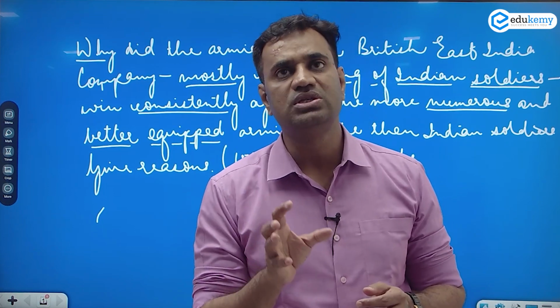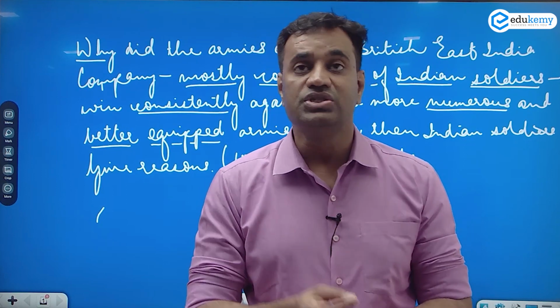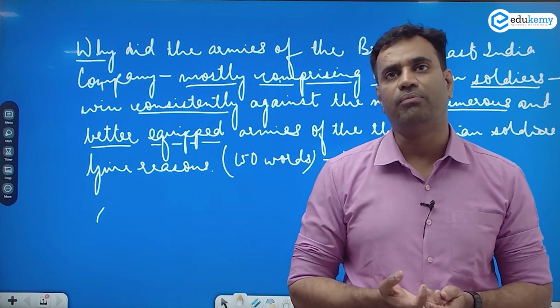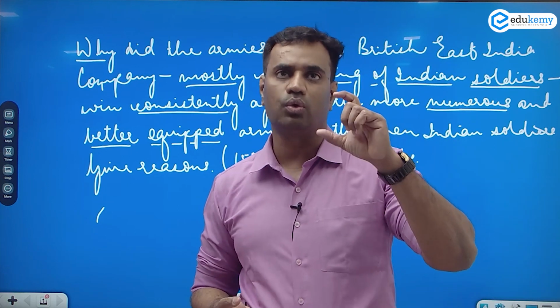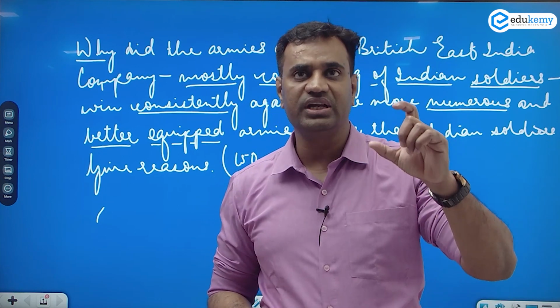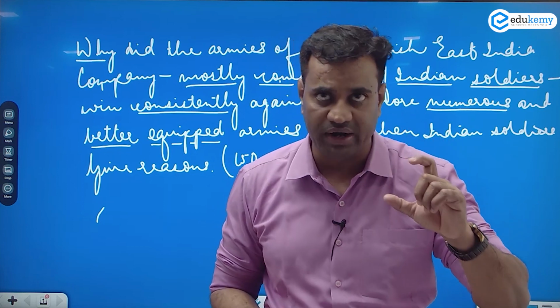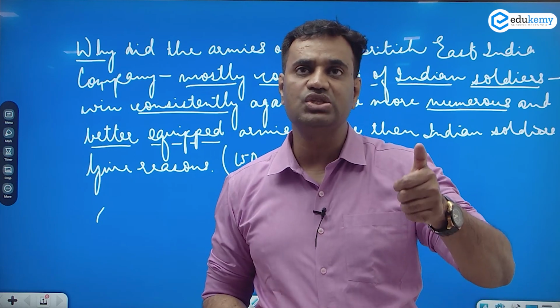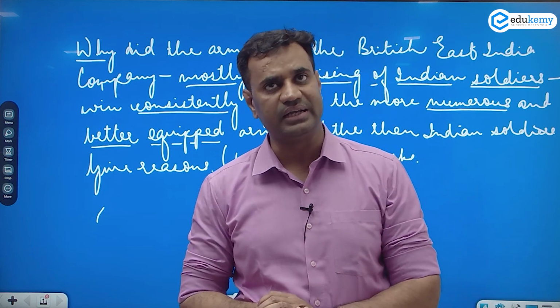And these soldiers, known as sepoys, served their master very well just because of one factor. That factor was the lack of a modern sense of nationalism. So the introduction would be that the British East India Company recruited Indian soldiers or sepoys to defeat other Indian powers, largely because the sense of modern nationalism was absent among Indian inhabitants.